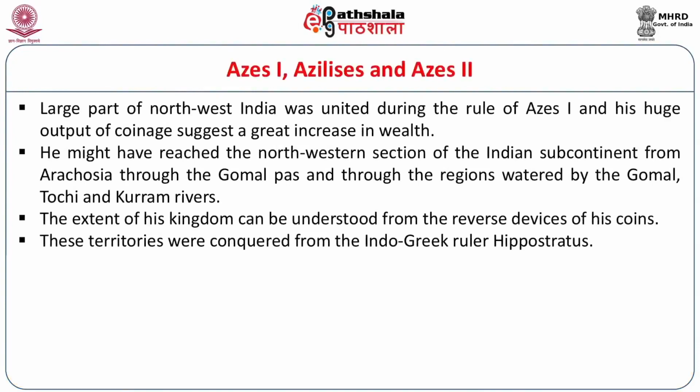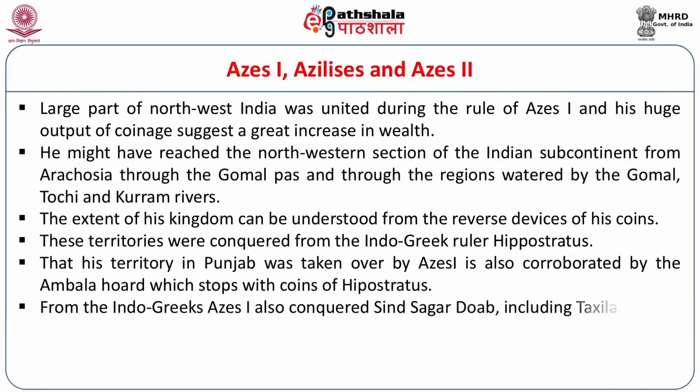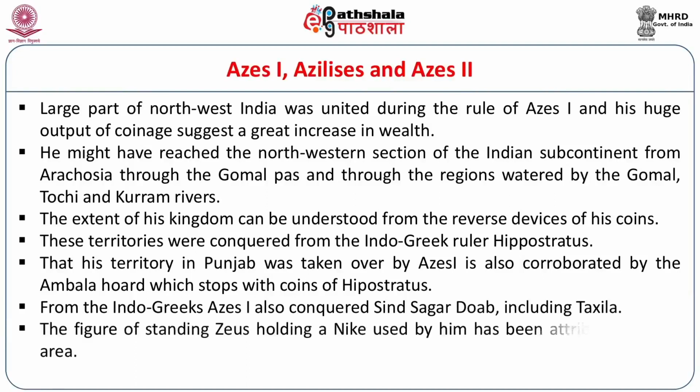These territories were conquered from the Indo-Greek ruler Hippostratus. That these territories in Punjab were taken over by Azes I is also corroborated by the Ambala hoard, which stops with the coins of Hippostratus. From the Indo-Greeks, Azes I also conquered the Sind-Sagar Doab, including Taxila. The figure of standing Zeus holding a Nike is very common and has been attributed to the Taxila region.